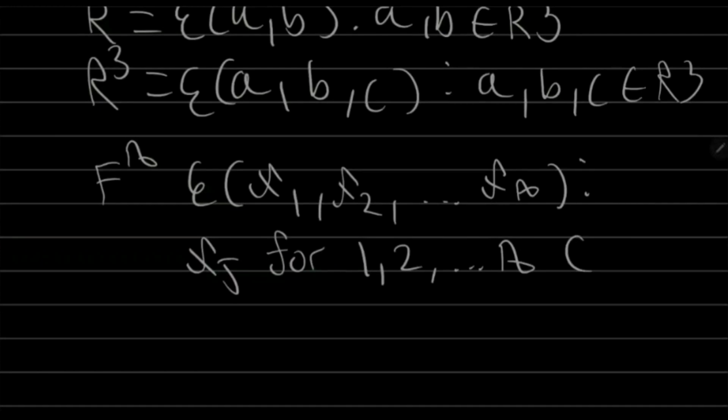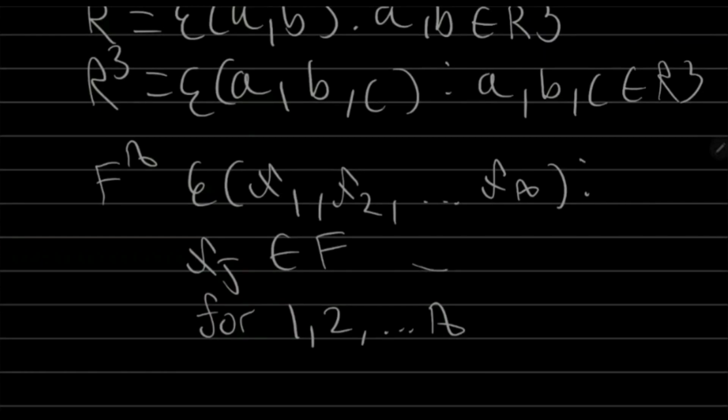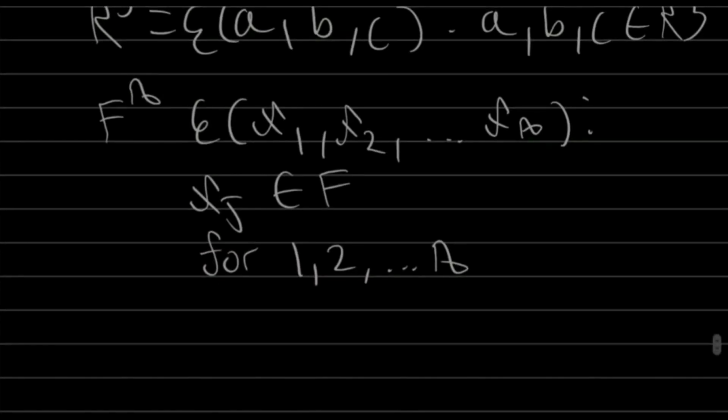are, and it's clearer to write this over here, are either real or complex. So F means real or complex, and the j equals 1, 2 to n means that all of these numbers belong to F. They are elements of F. And the list grows and shrinks with n.